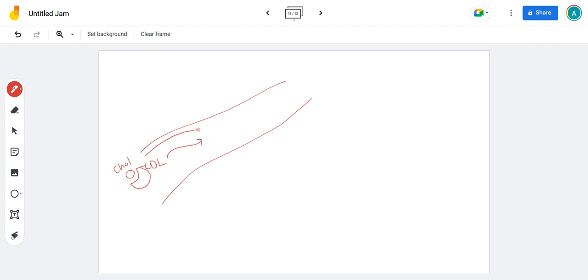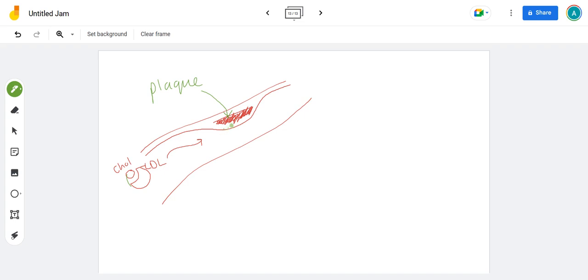Now, what may happen is we may get a plaque forming here. And one of the things that plaque is made of is cholesterol. So the more cholesterol, the more LDLs, the more risk we've got of getting this plaque.